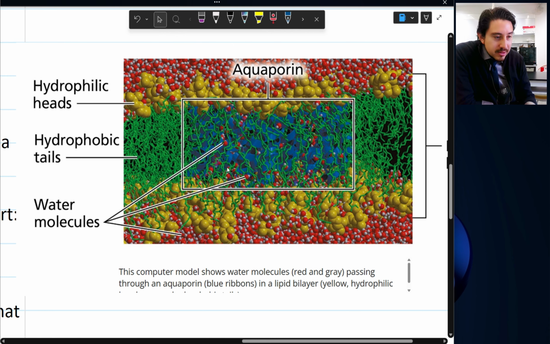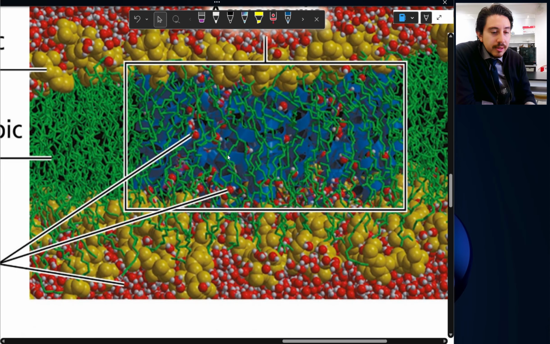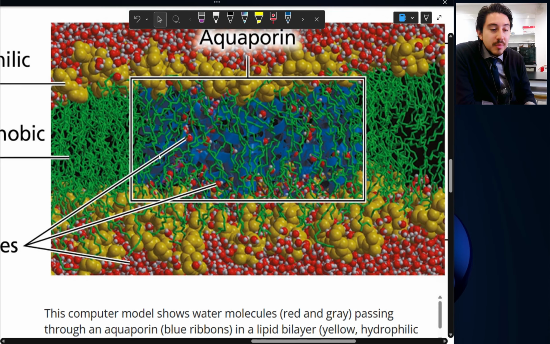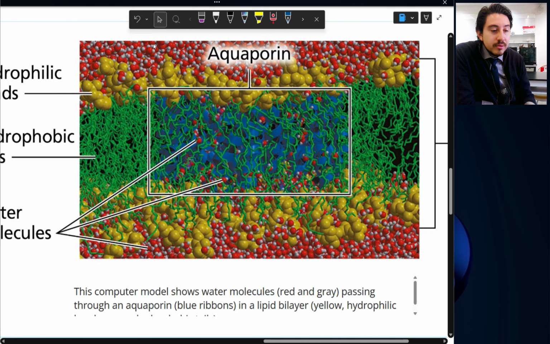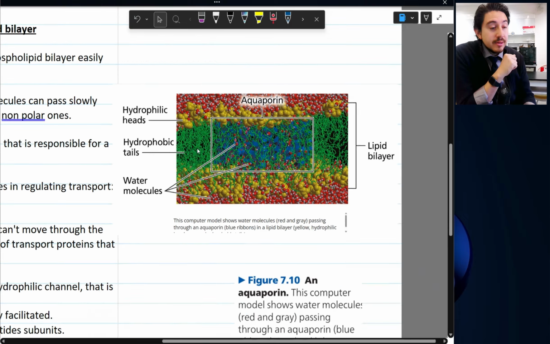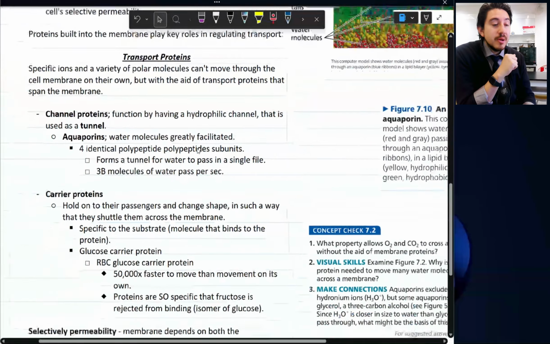So all these little molecules you see here are water, in red with white. Okay. But if you notice, there's no water in between the tails, but they do go through these transport proteins. Okay. So just to go back to the notes here. So aquaporins, again, it's a protein, has 4 identical polypeptide subunits.